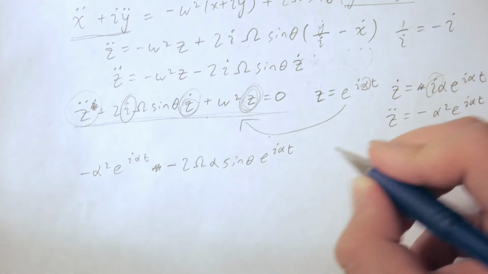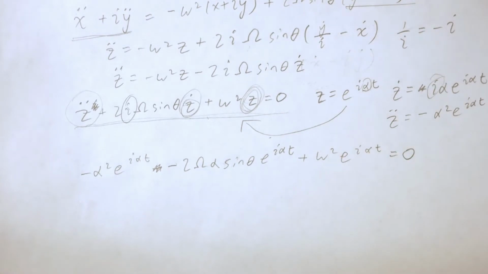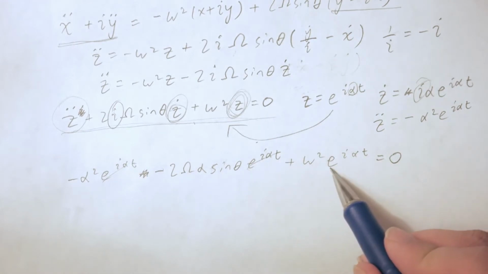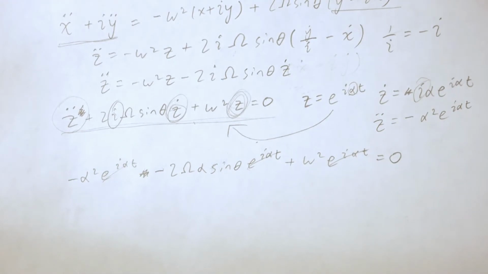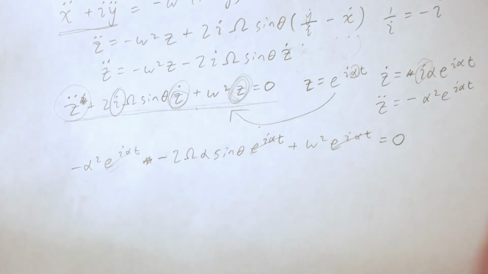So that's pretty nice. And you can see that these three terms can cancel out since we know it can't be 0. So it works out really nicely.